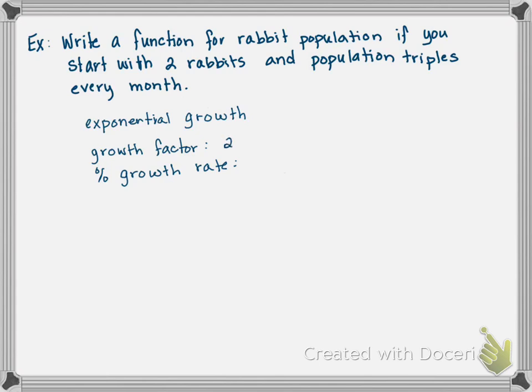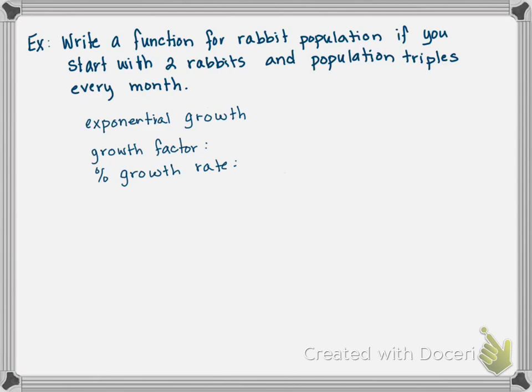Right, so, no wait, it's not 2. Remember the growth factor is the number we multiply by, right? Isn't it a times 3 to the x? So the growth factor isn't the function.